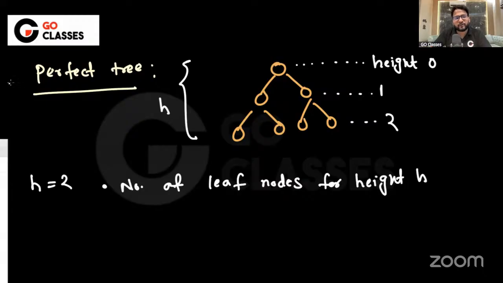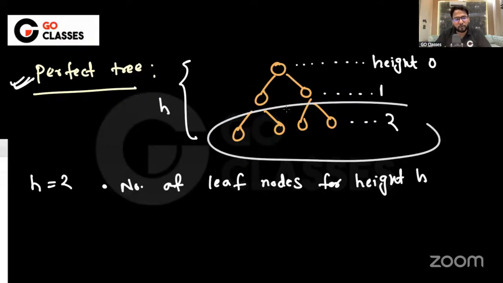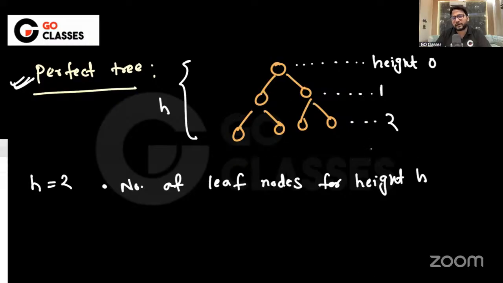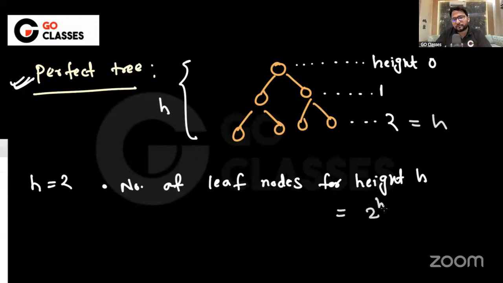I'm talking about a perfect tree only. See, this level is having 2 power 0, this level is having 2 power 1, this level is having 2 power 2. I'm just asking level wise: 0, 1, 2, and 2 is the height, so basically this is just h. I'm asking at the last level how many nodes you have. It is just 2 power h, isn't it? Just 2 power h. It is very easy.